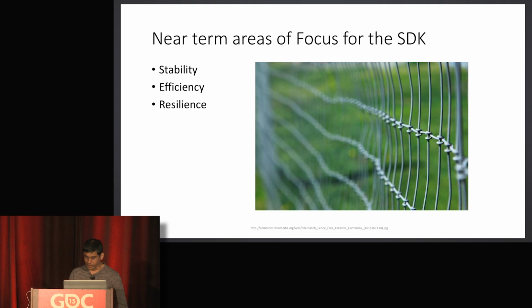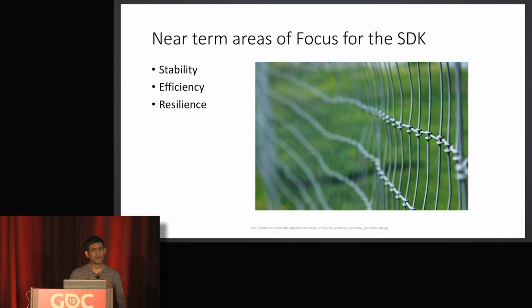The first thing we want to do is improve stability. Doing VR is hard, and we are pushing beyond the limits of GPUs, drivers, and operating systems to achieve our goals. This has come at the cost of some stability. So improving this is a big part of our focus going forward, and it's also a big part of what motivates some of the changes that we are trying to work on.